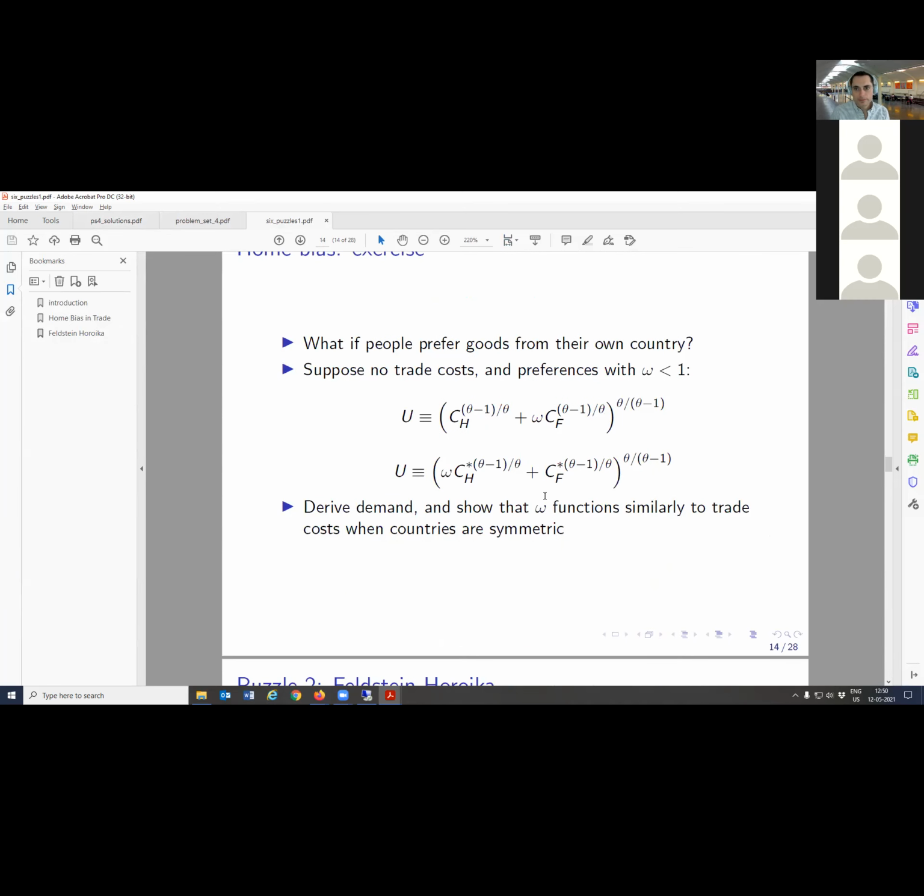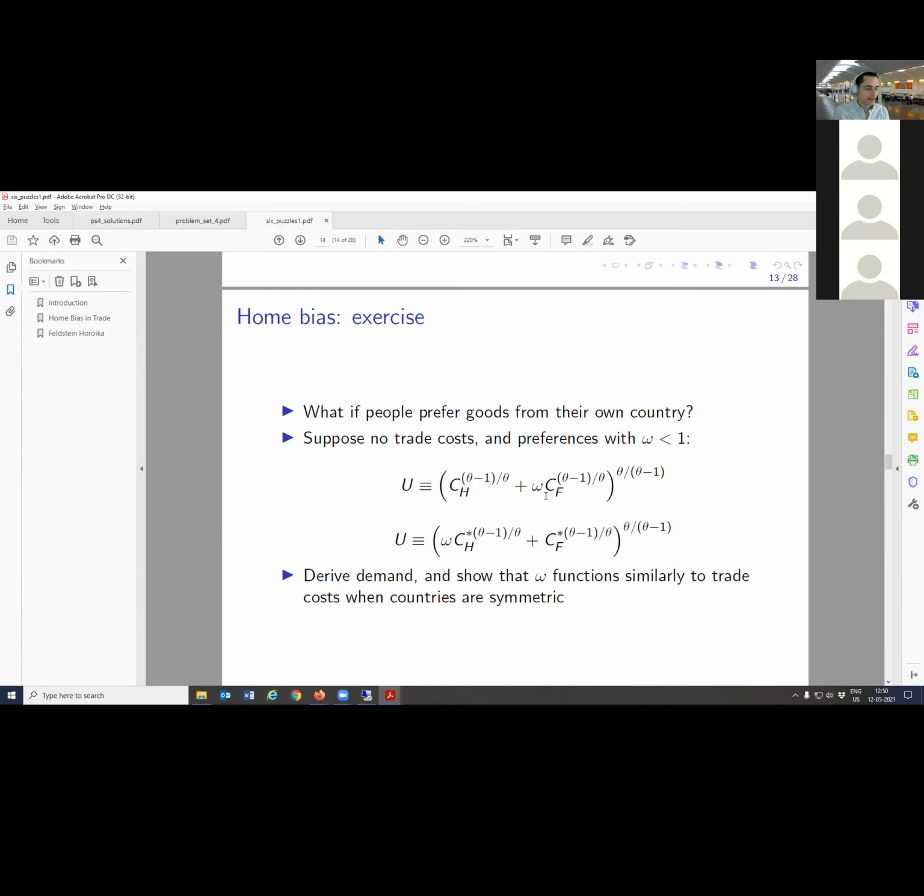Okay, so as you recall, part of the way that we're going to explain home bias in the 6 puzzles is we're going to say that there are trade costs. Okay, so why do you consume more of the good that you're endowed with at home, rather than the good that foreign is endowed with?